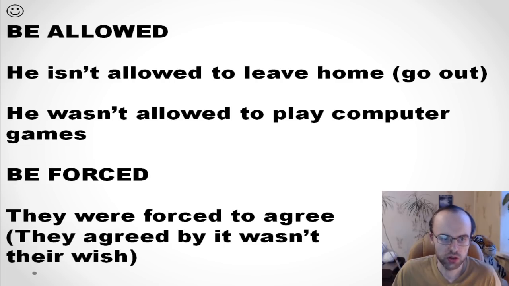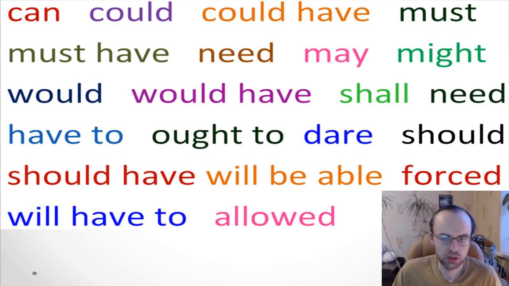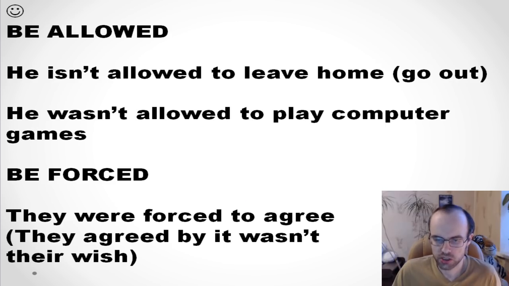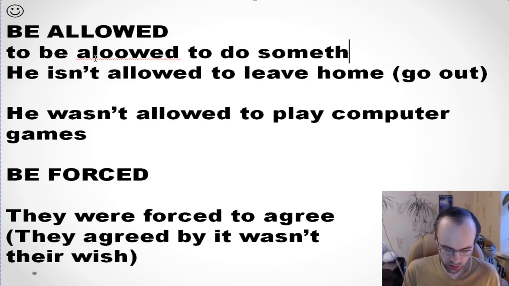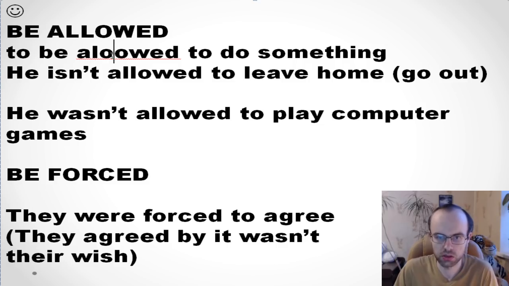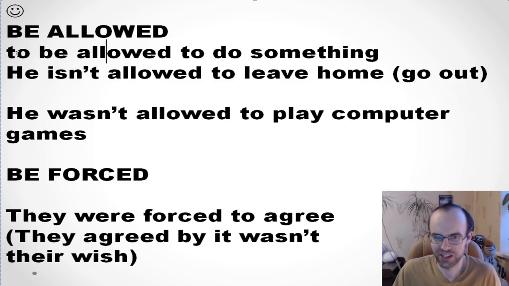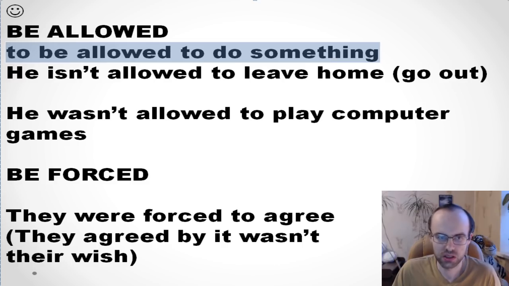Okay, next. You also need to know some structures like be allowed and be forced. We also see it here. So forced and allowed. It's also about modal verb structures. So be allowed. We say to be allowed to do something.